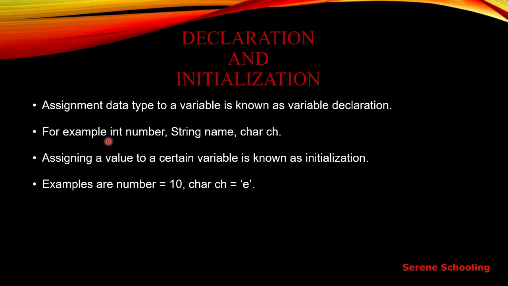The syntax is like a set of rules for a programming language. You always write the data type first. For example, I want to create an integer number, so I will write int first. That will tell my compiler that I want to create a variable of integer.